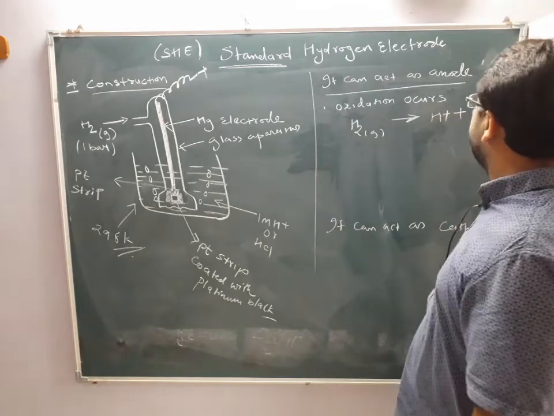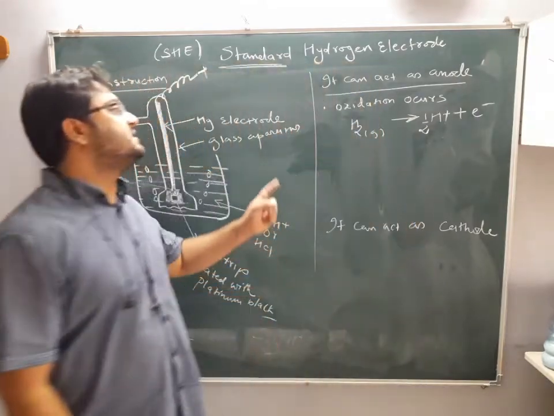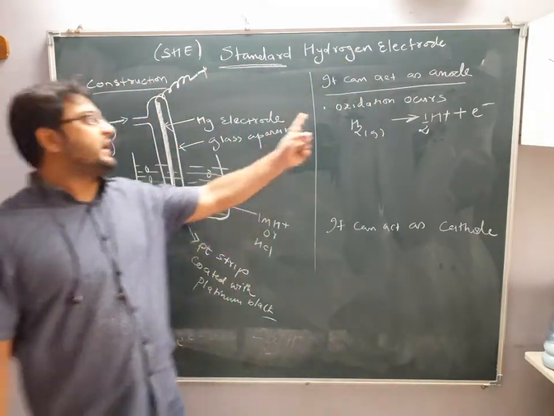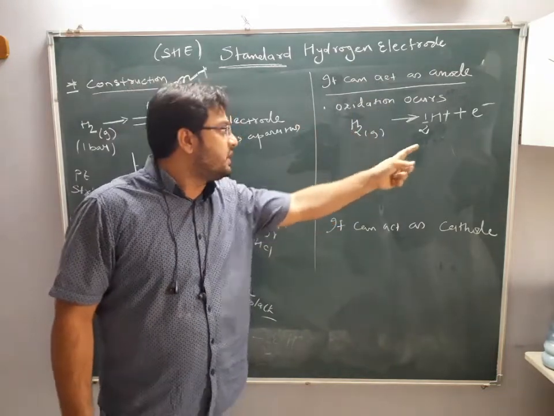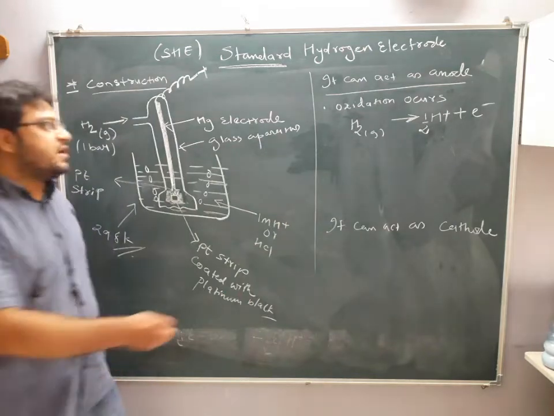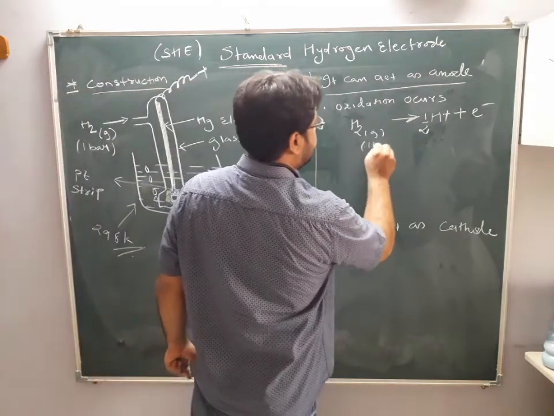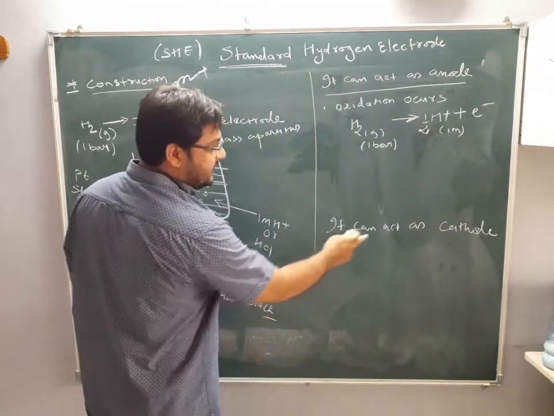H plus ion. Balance the reaction. So this reaction occurs if it acts as an anode. Okay, so it can act as an anode, so oxidation occurs, and if oxidation occurs, loss of electrons takes place, meaning this reaction will occur. Clear this part? Next, you can write down here one bar. That I hope you understood. 1 molar. Clear?